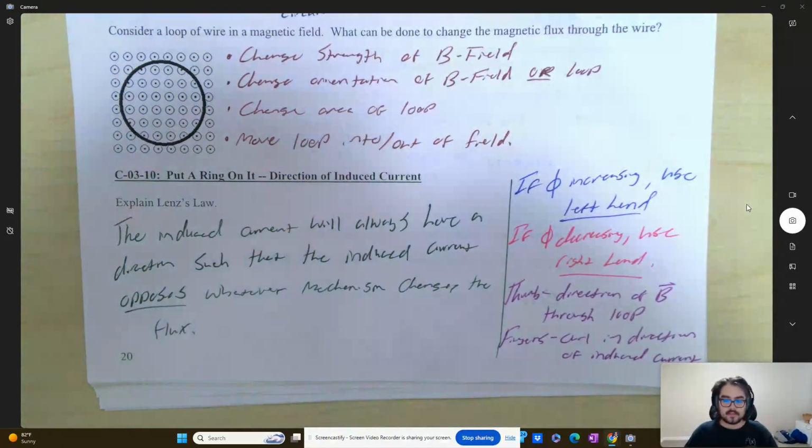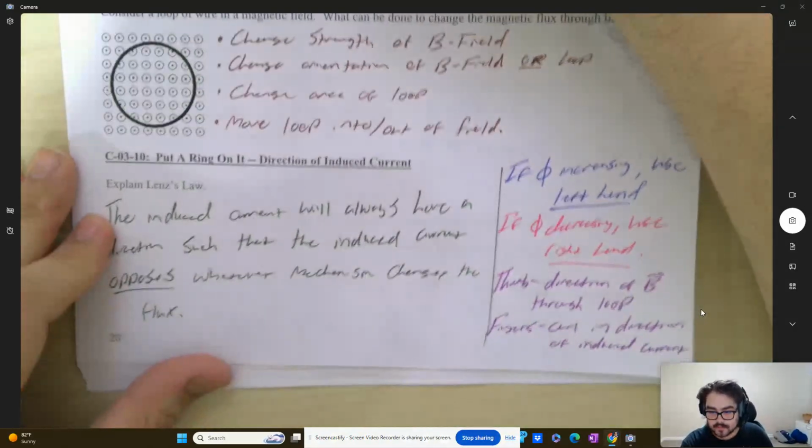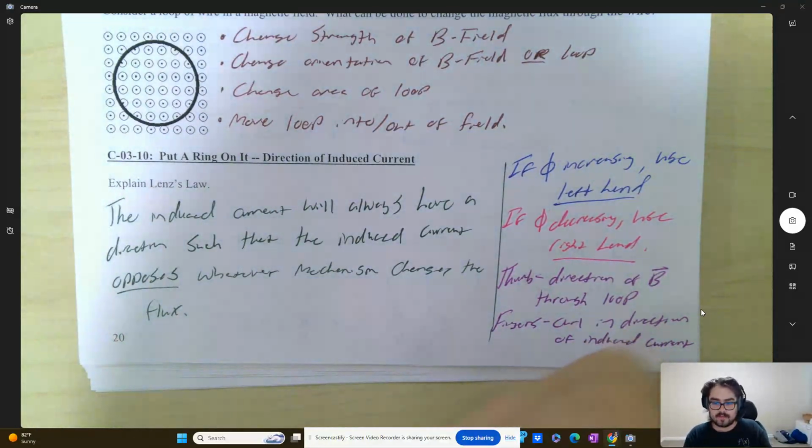So your fingers will curl in the direction of the induced current. Your thumb points in the direction of B field through the loop.